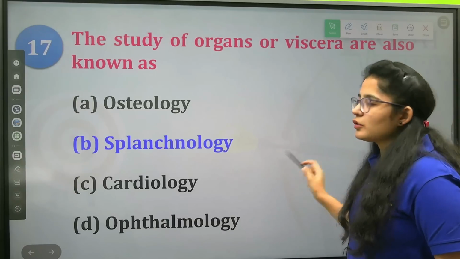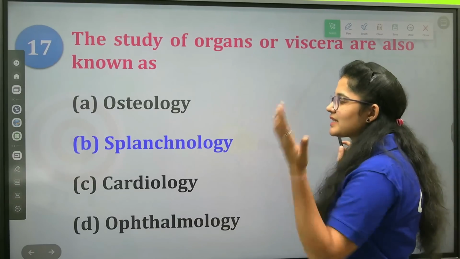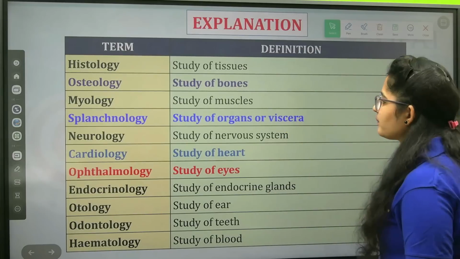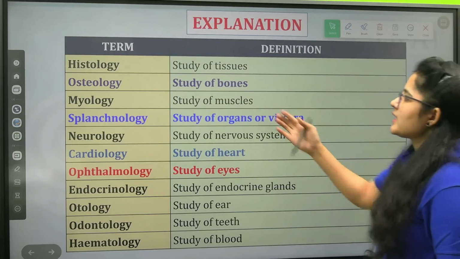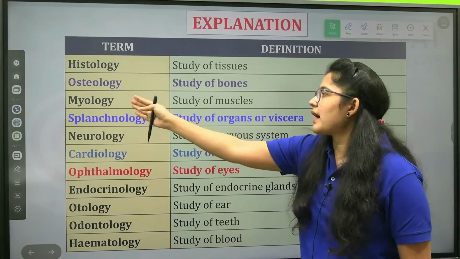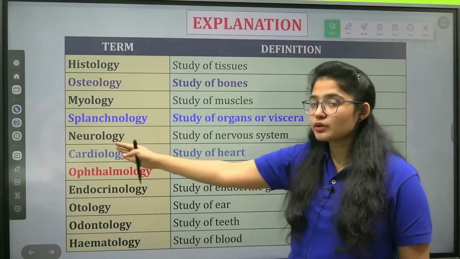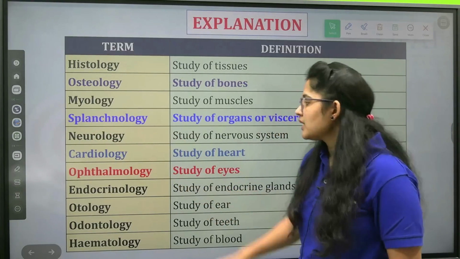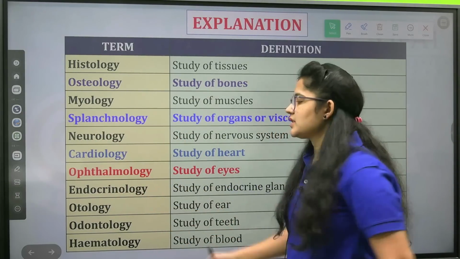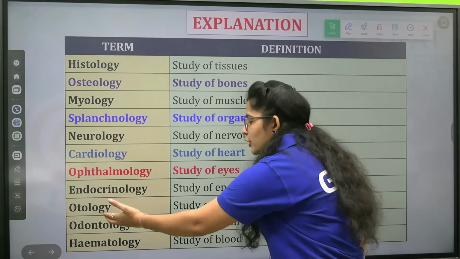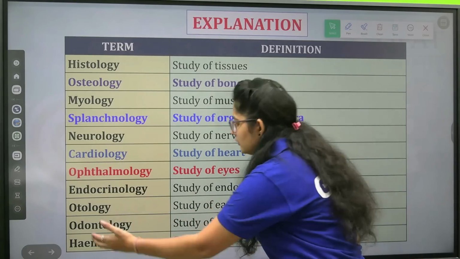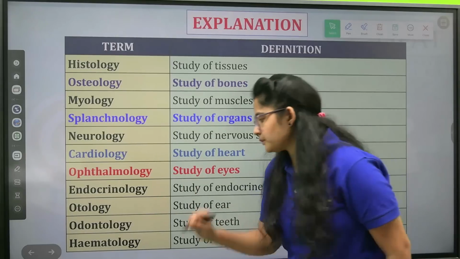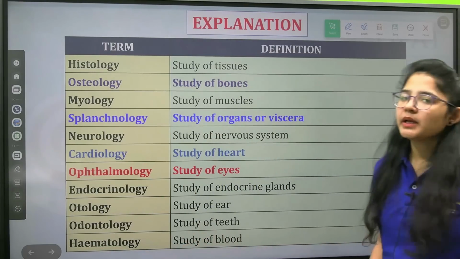Clear? The correct answer is splanchnology. Histology, study of tissues. Myology, study of muscles. Neurology, study of nerves. Endocrinology, endocrine system. Otology, ear. Odontology, teeth. Hematology, blood.